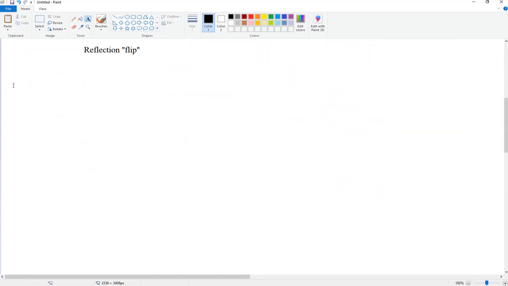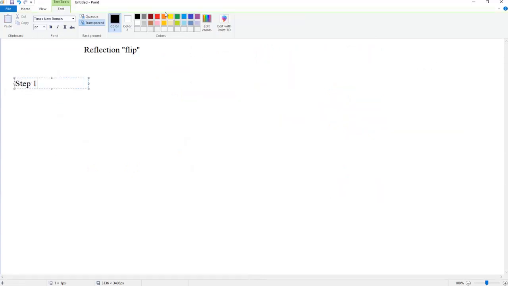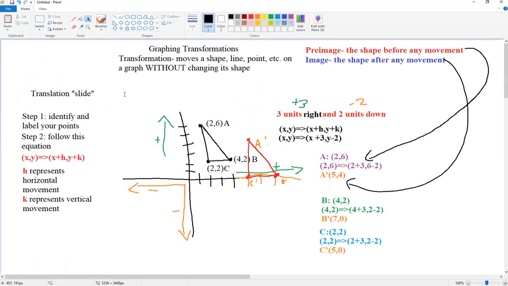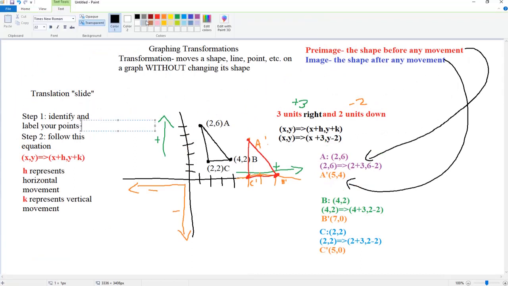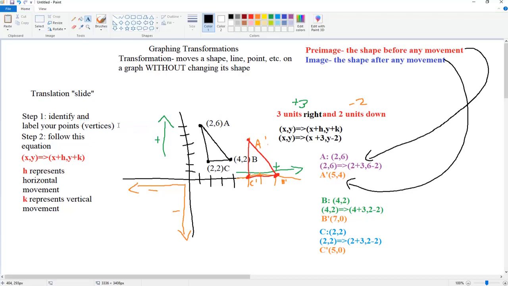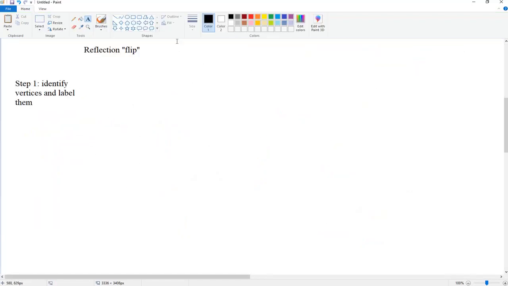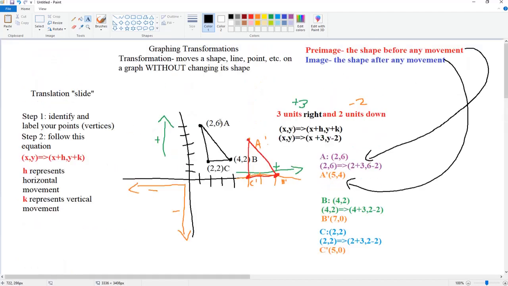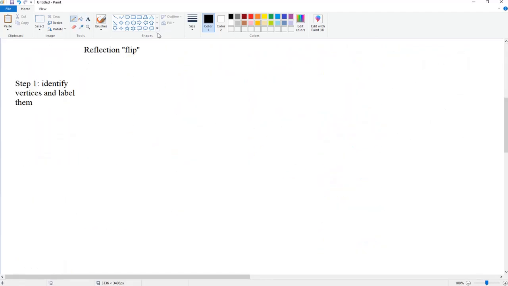So the first step to do here is, again, identify your vertices and label them. Let me make sure that this says vertices. So if I use the same graph, maybe not that exact graph, I'll make a new triangle.